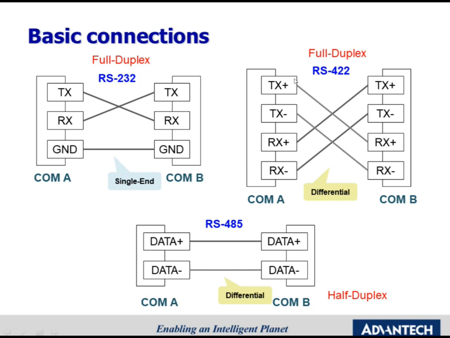It's TX plus connected to RX plus, TX minus connected to RX minus. It's also full duplex, and the differential signal transmission makes RS422 have good anti-interference ability. Last is RS485. It's data plus connected to data plus, data minus connected to data minus. Since the data cannot send and receive at the same time, RS485 is half duplex.